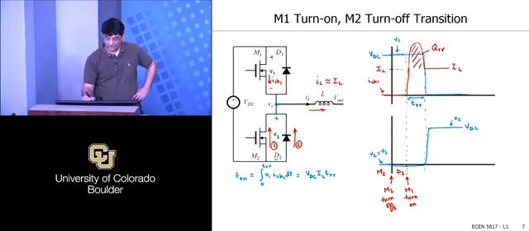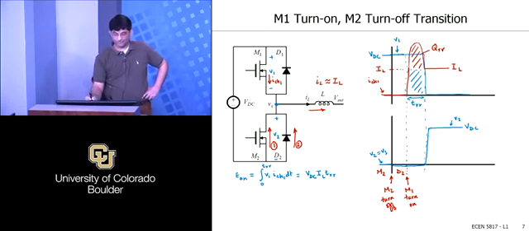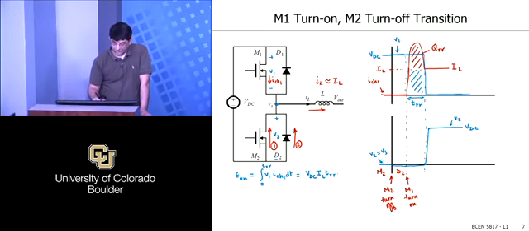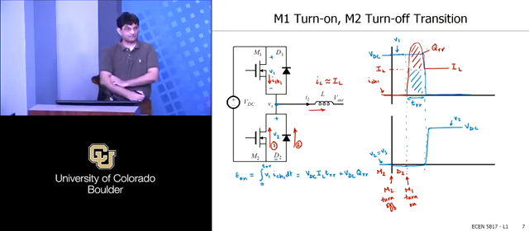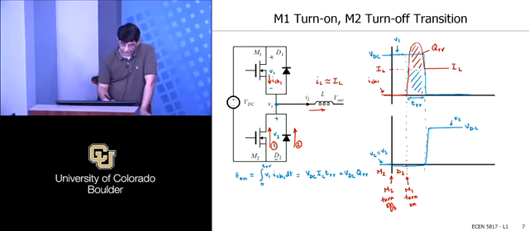That's essentially going to be this area here, this piece of the current multiplied by that voltage. And then the second part is going to be VDC times QRR. QRR is already the full area of that current. And so you can then calculate what your power loss is.